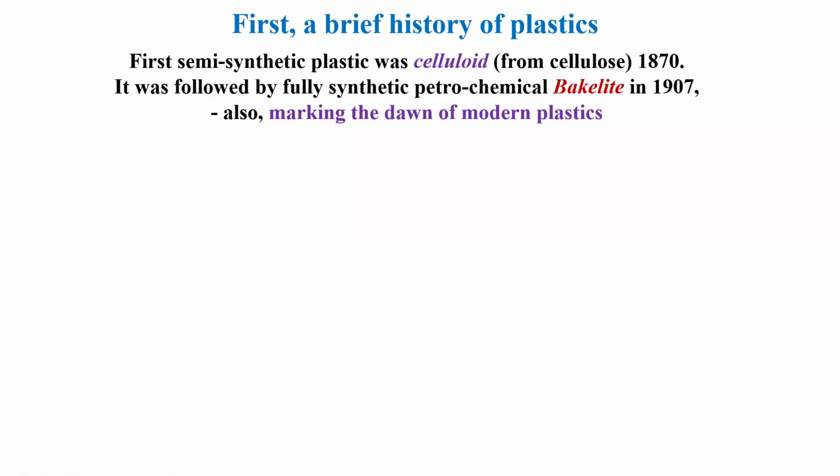And then a few decades later, it was followed by a fully synthetic petrochemical plastic, Bakelite. I'm sure you all have seen these old black telephones and so on. But this then also did mark the dawn of modern plastics.